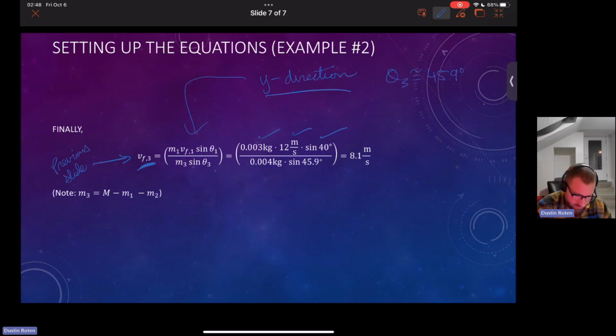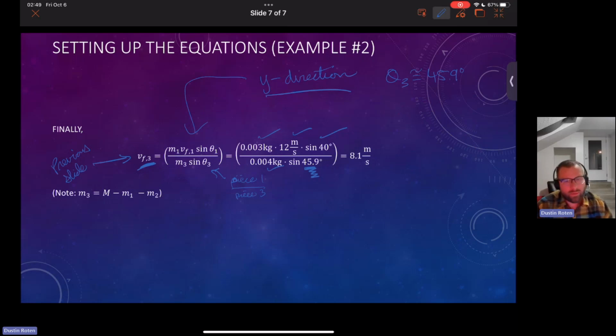If you notice here, we're actually looking at the ratio between the first piece, I'm going to say piece 1, and information from piece 1 divided by information from piece 3. So we actually know all the information for the first piece in the numerator. Now in the denominator, luckily, we now know what that unknown angle is. So we know all the information about our third piece.